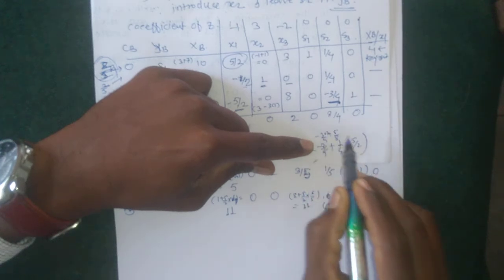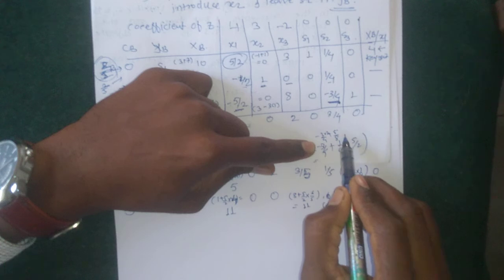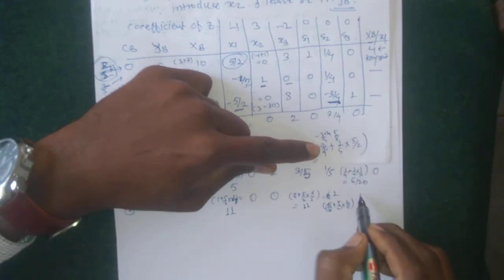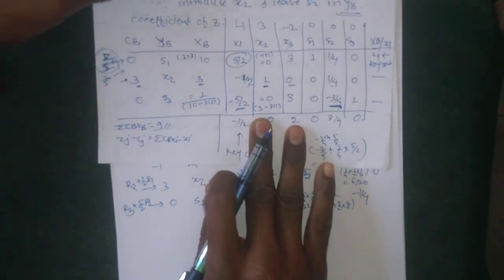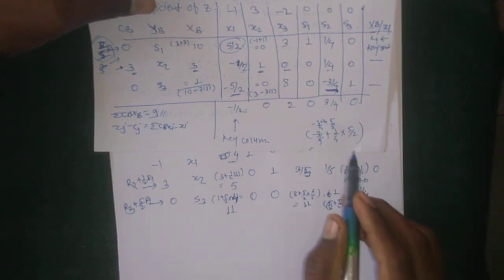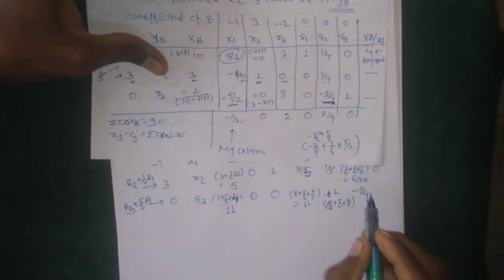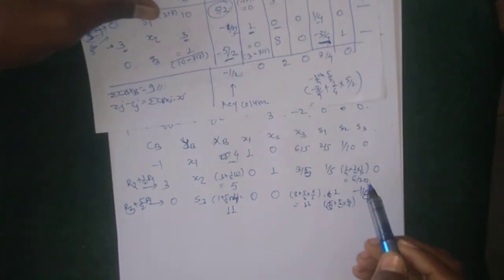So multiply this by 2, we get minus 6 plus 5, minus 1 by 4. This is also minus 1 by 8.